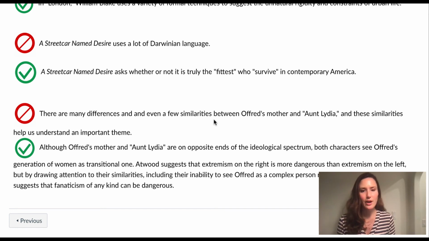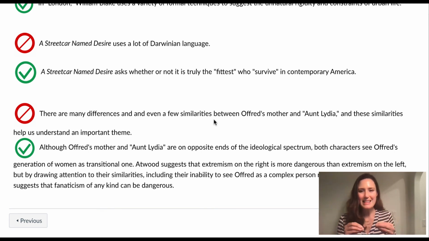Here's another one. There are many differences and even a few similarities between Offred's mother and Aunt Lydia, and these similarities help us understand an important theme. So at first glance, this might seem like an effective thesis statement, but what the thesis is really saying is there are differences and similarities between these two characters, and these similarities help us understand an important theme.